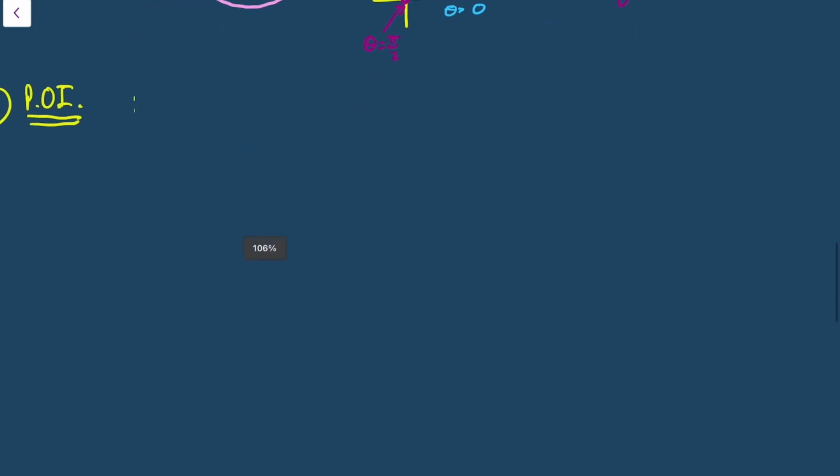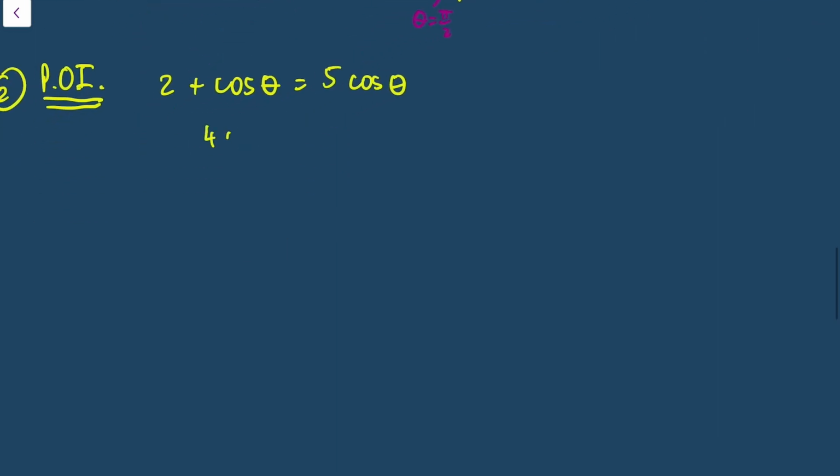When I rearrange this, this gives me 4 cos theta equals 2. So cos theta equals a half. Okay, well, let's solve that. So when I use my calculator to work that out, I get theta is equal to pi by 3 or minus pi by 3. 2 solutions.